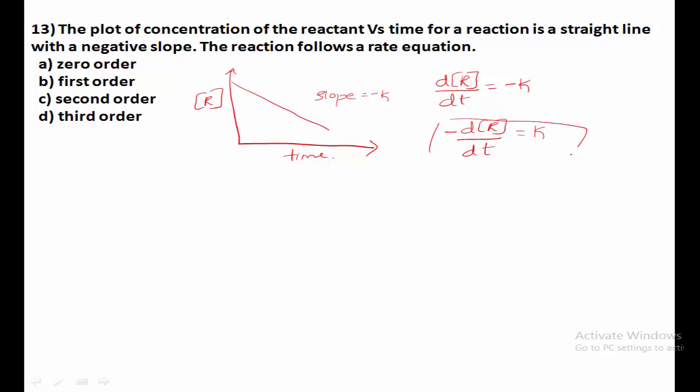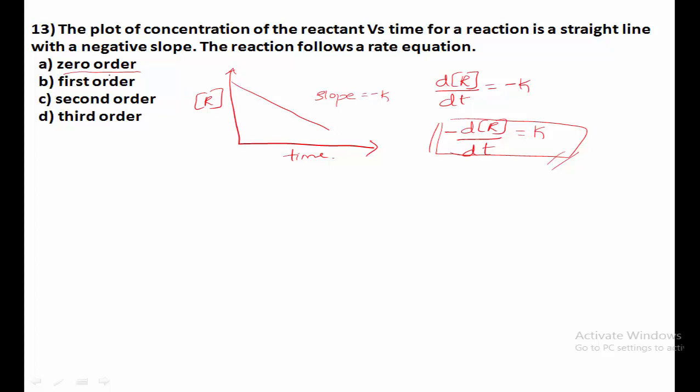So this rate expression, for which order reaction is it given? It is for zero order reaction. Minus dR by dt is equal to k. If you have observed the integrated equations of zero order reaction, while deriving the integrated equation, initially we have taken this: the decrease in the concentration of reactant with time is equal to a constant.